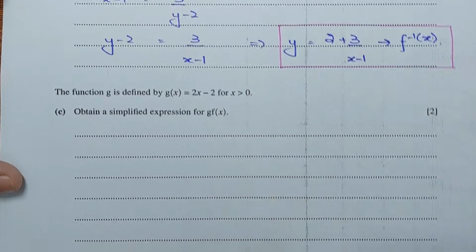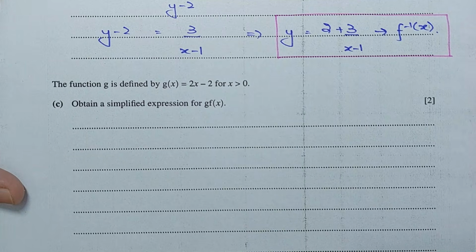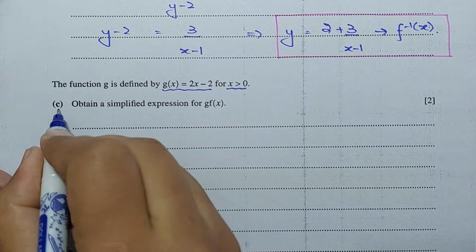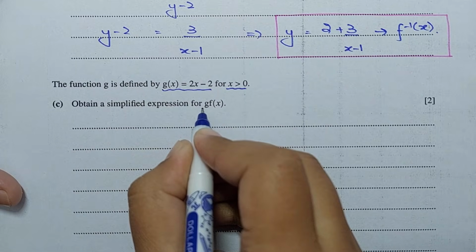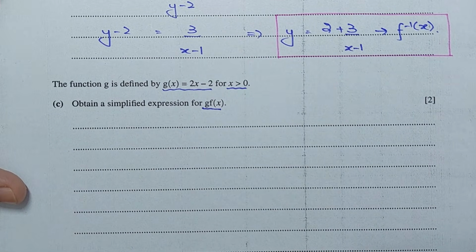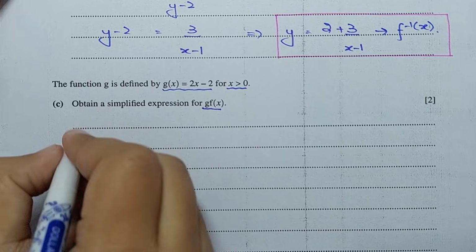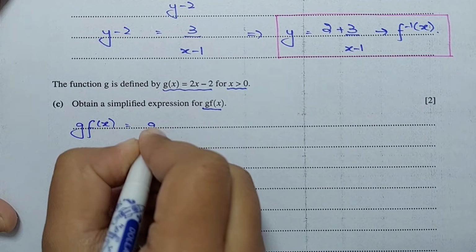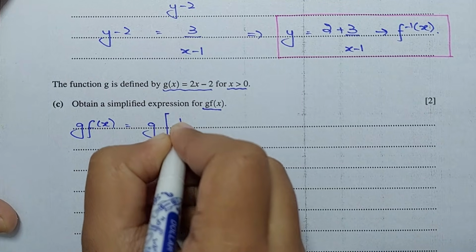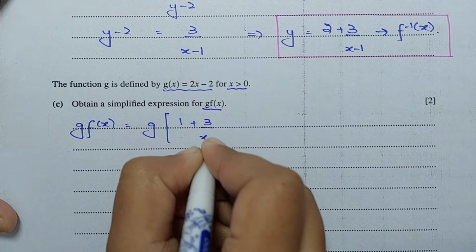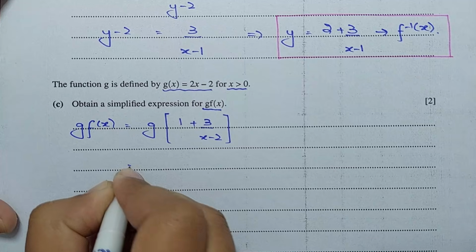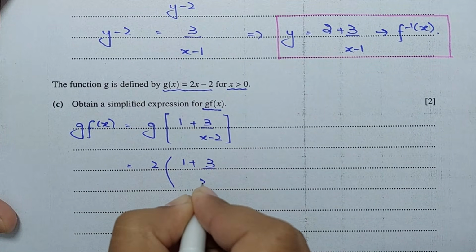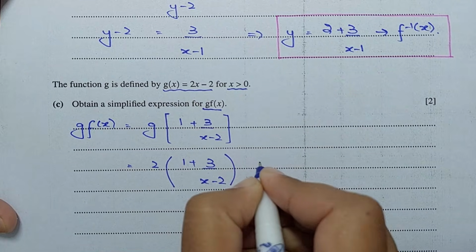Right? Now for the next part, the function g is obtained by this, your g of x, for x greater than 0. Part c: obtain a simplified expression for g f of x. Right, g of f of x. We have f of x is 1 plus 3 over x minus 2, and g of x is 2 times this expression minus 2.